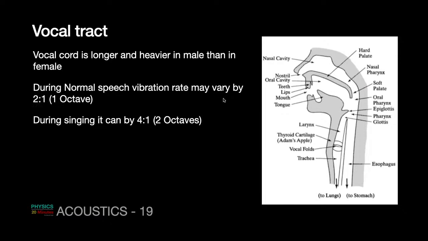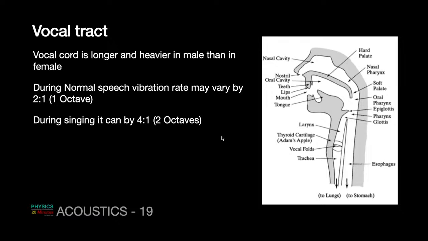During normal speech, the vibration rate may vary by 2:1. That means in normal talking, the frequency is not constant. Sometimes it increases, sometimes it decreases. The general ratio is 2:1, or 1 octave. During singing, it can change by 4:1, that is 2 octaves.